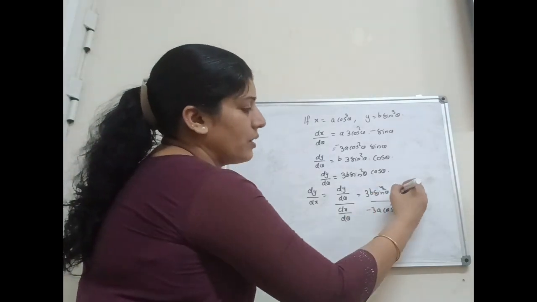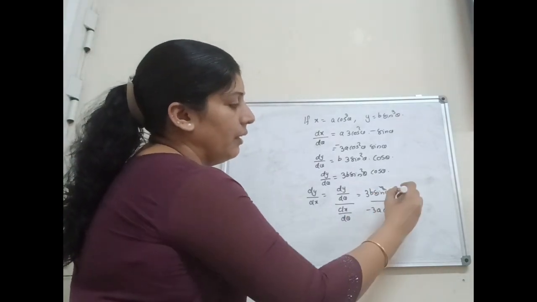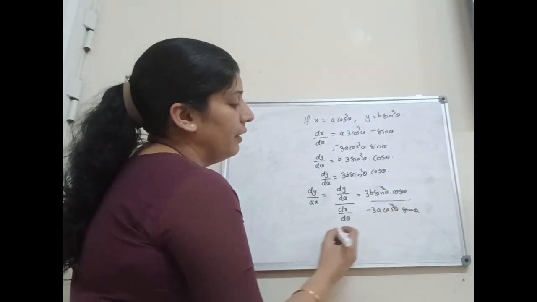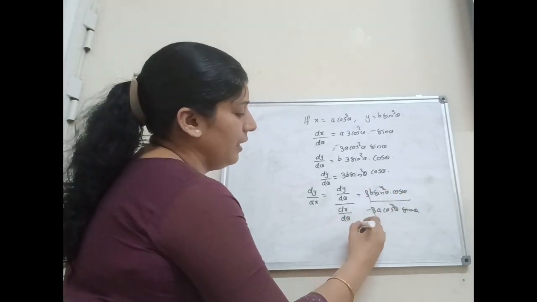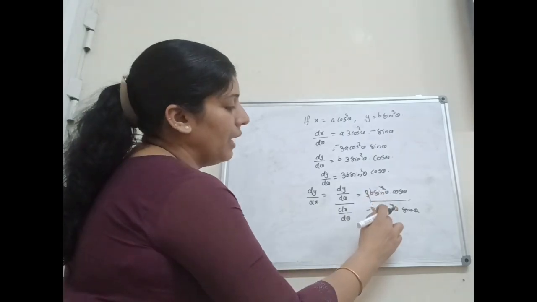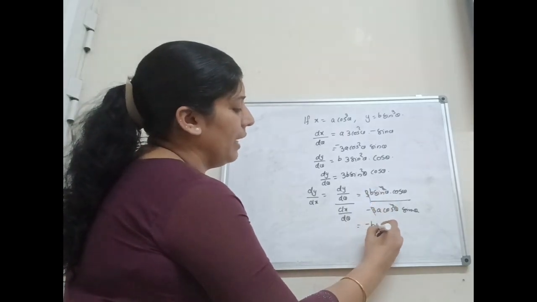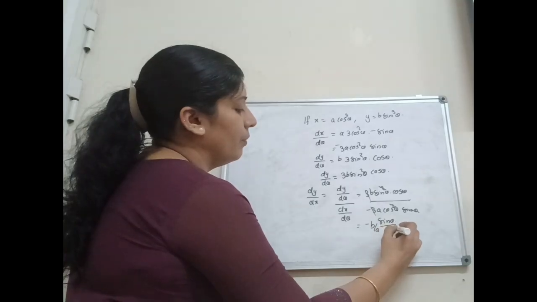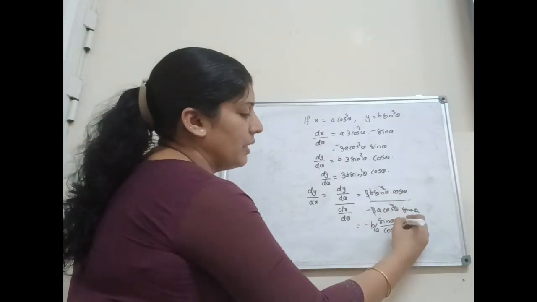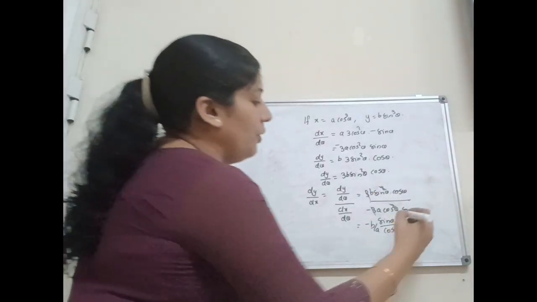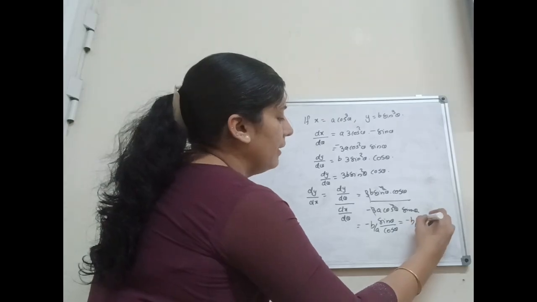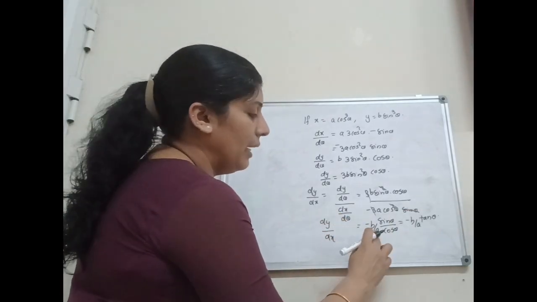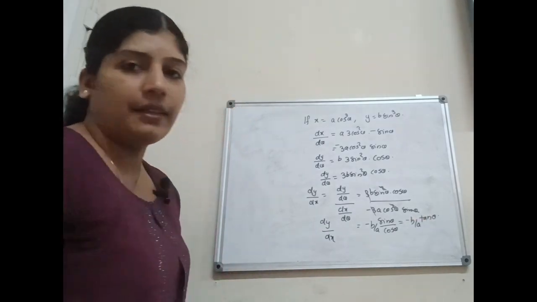On the denominator cos square theta, numerator cos theta, therefore cos theta remains on the denominator. Then 3 cancelled. That is equal to b by minus a, that is minus b by a into sin theta by cos theta. We know that sin theta by cos theta is equal to tan theta. Therefore dy by dx equal to minus b by a tan theta.